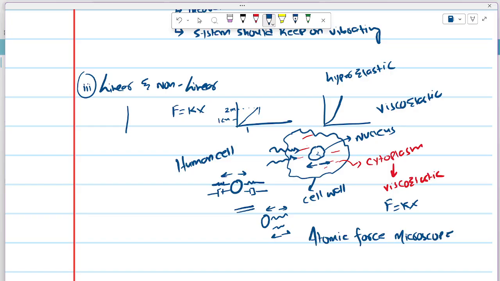It has a cantilever like this, and you can bring down the cantilever, touch the atom and apply force onto a single atom, and that atom will resist the cantilever. This is how you can make a stress-strain curve or force-displacement curve of that atom, and this is how you know the elasticity of the bonding that atom has with the surrounding atoms.